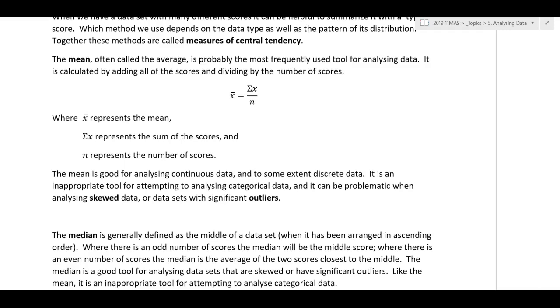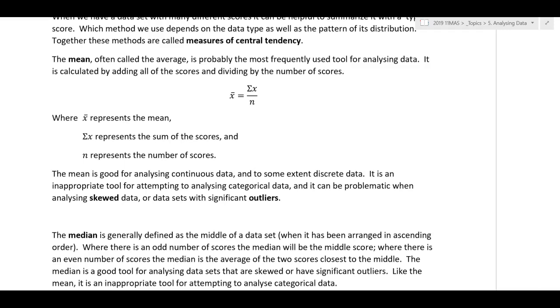Now, when we have skewed data, and we'll learn more about that in another video, but data that is irregular in some way, that has some sort of imbalance to it, or data with significant outliers, that is like some really big or really small scores, fits into that same category really as a sort of an imbalance to the data, then the mean can become a bit misleading.